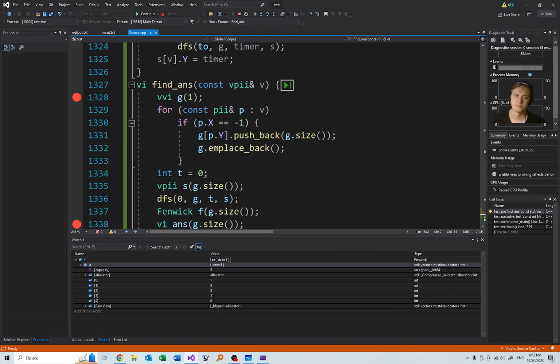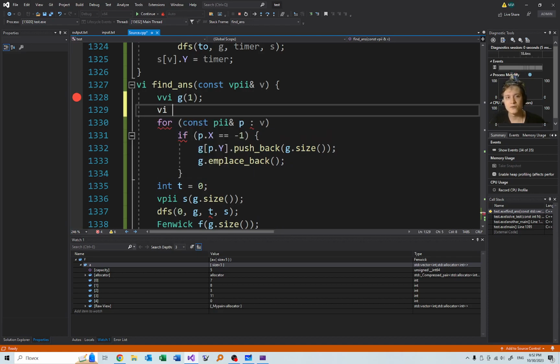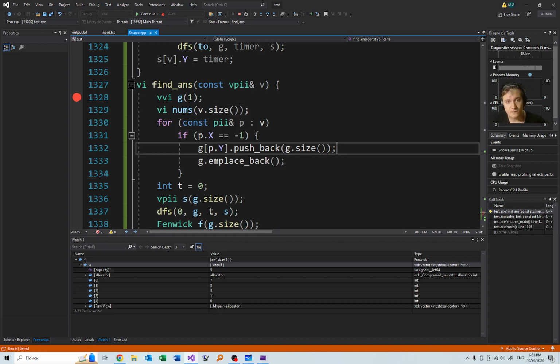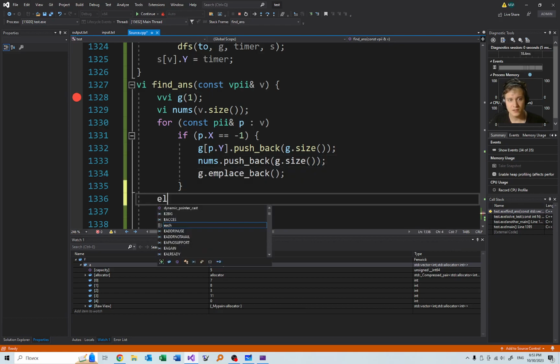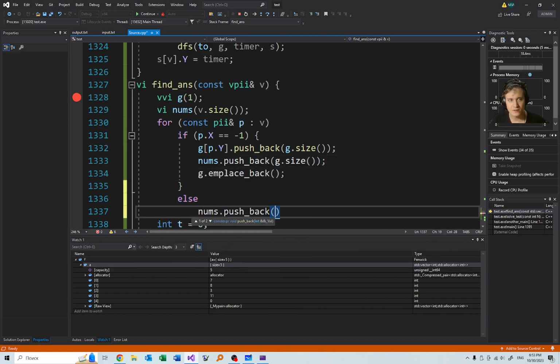Actually, what I really needed to do here is to store the numbers of elements which correspond to some operations. So let's do it. Nums of v dot size, and here I say nums dot pushback g dot size as well, and else nums dot pushback 0, like for example.